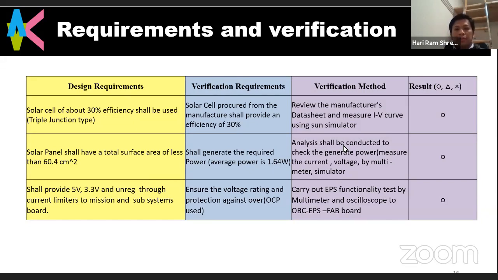And for the power distribution case, 5 volt, 3.3 volt and on-deck voltage, we need to measure, and we did this in many functionality tests for every mission, every system, subsystem. We also measure the OCP test and rush current test, so we verify the requirements.